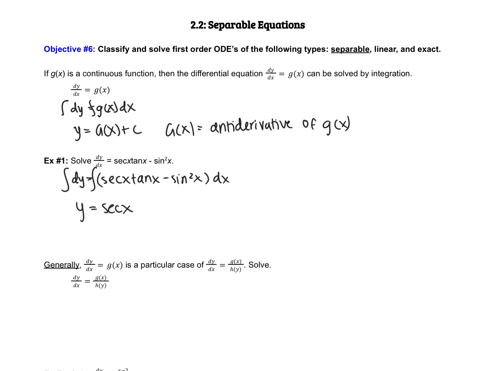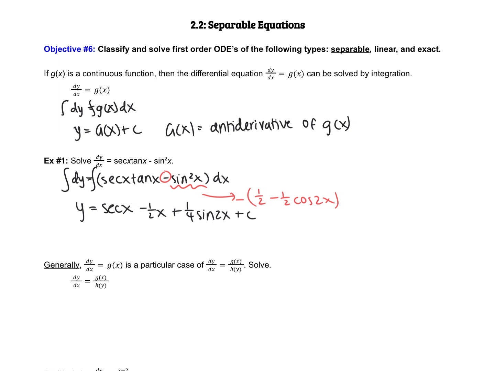Then we got to think about how do we integrate sine squared of x. Well, sine squared of x is the same as 1/2, subtract 1/2 cosine of 2x. But then we have to remember we also have this negative. So that's really what we're integrating. So when we integrate what we have in red, that gives us negative 1/2 x, add 1/4 sine of 2x plus c.